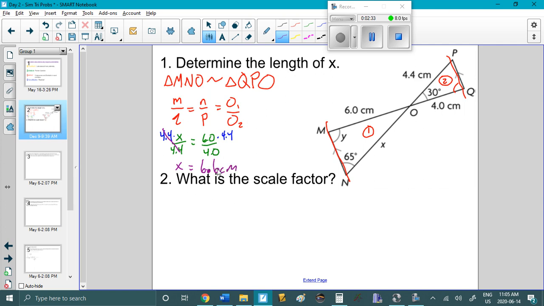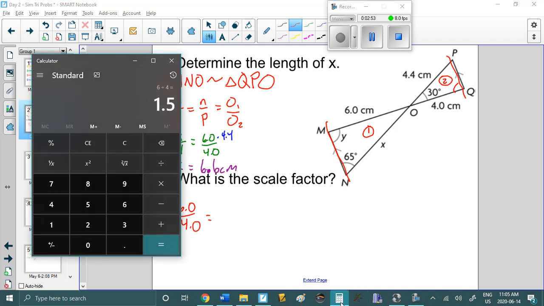Okay, now as far as the scale factor goes, this is something I haven't really addressed much so far. To get the scale factor, we just find two sides that go together, like 6 and 4, and we just divide 6 by 4. So 6 divided by 4 is 1.5.